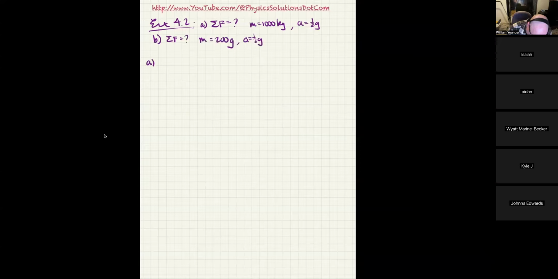I want to start off with A, and the summation of forces is equal to mass times acceleration. I'm just going to calculate the total force. In other words, we're acting like it's the only force, so the total force is the force. And in this case, we're going to say 1,000 kilograms times 1/2 times 9.80 meters per second every second.